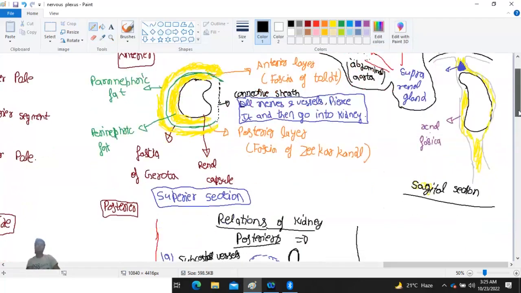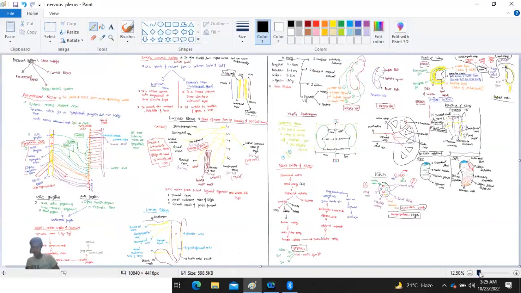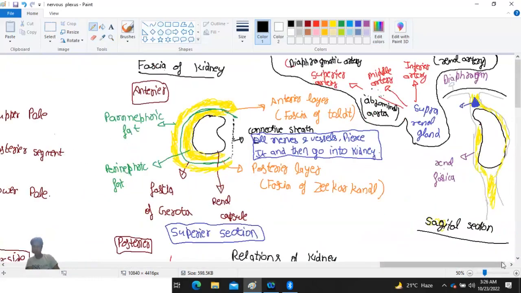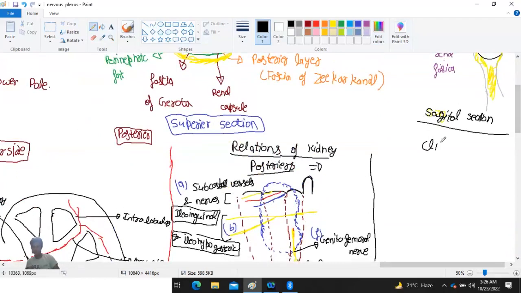Next we cover some clinical points. First is polycystic kidney.